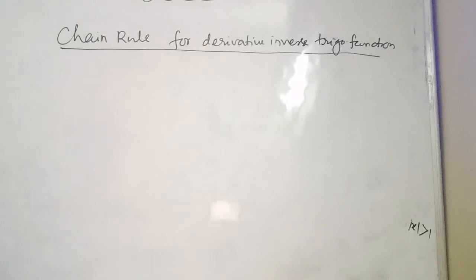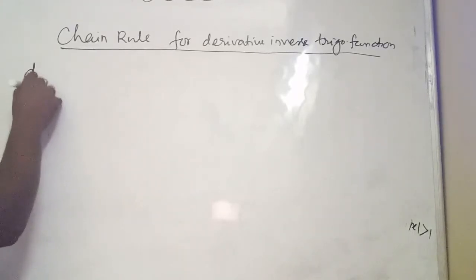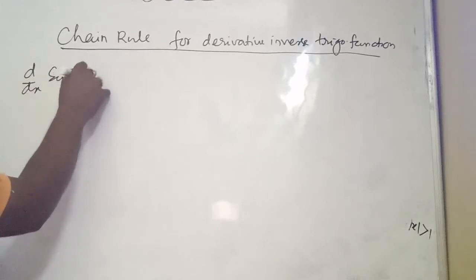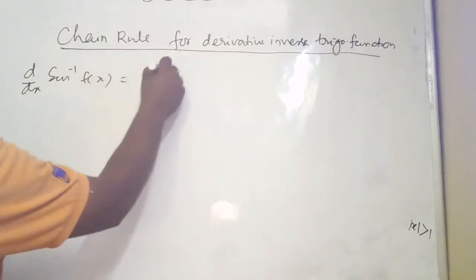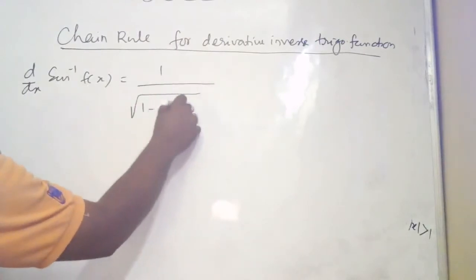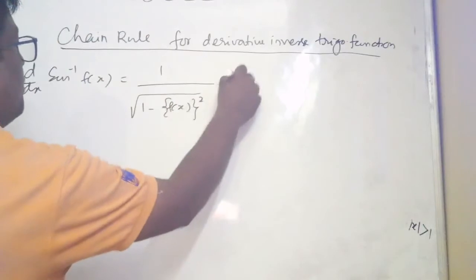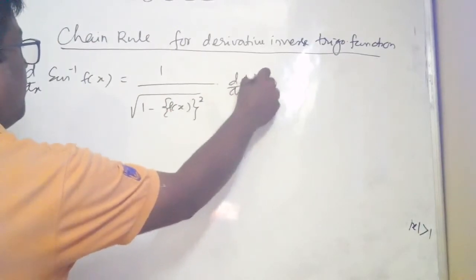chain rule for derivative of inverse trigonometric functions. Suppose d by dx of sin inverse f of x. So this is equal to what? 1 by root of 1 minus f of x whole square into d by dx of f of x.